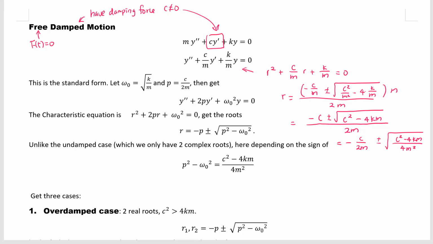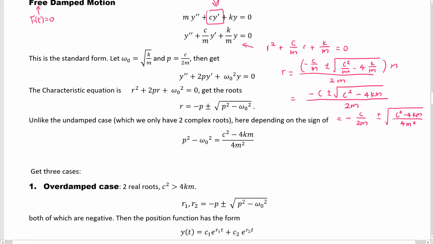So this is the real part, and this is the imaginary part. It really depends on the number of roots. This will affect whether we have two real roots, one repeated root, or two complex roots.